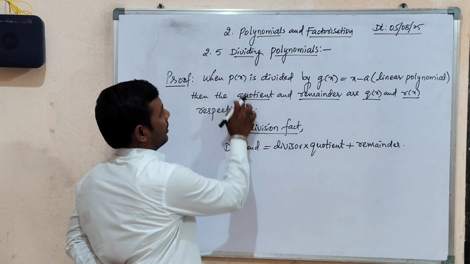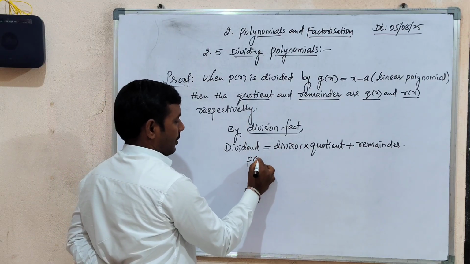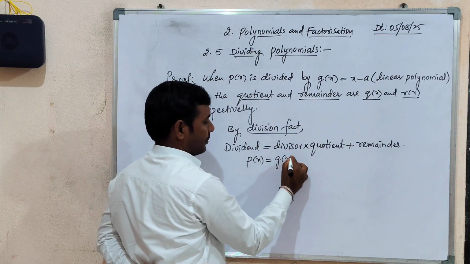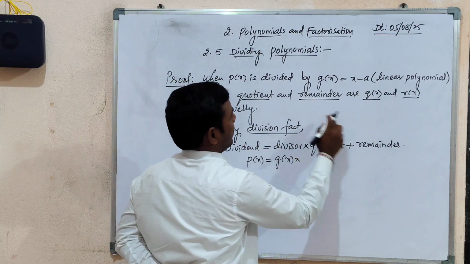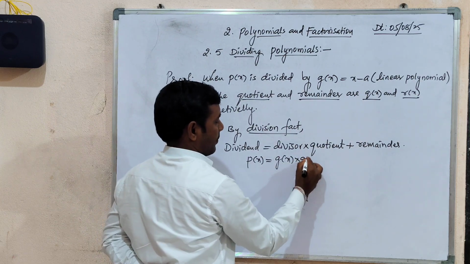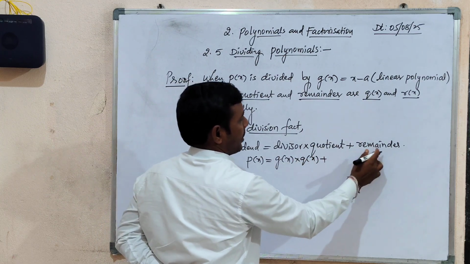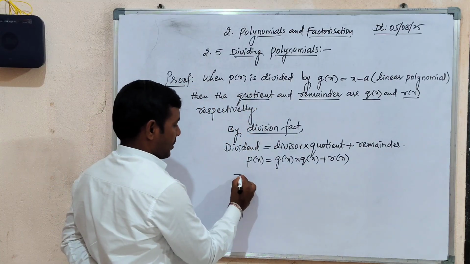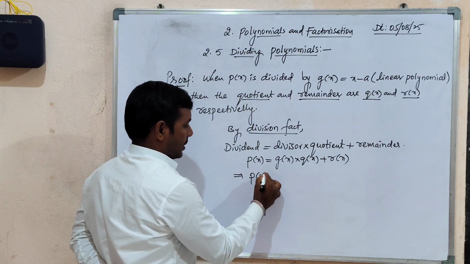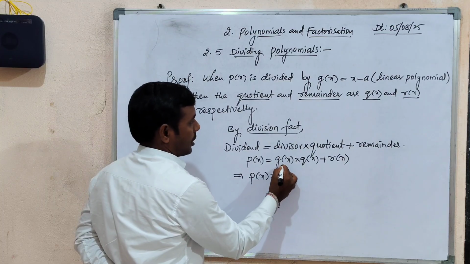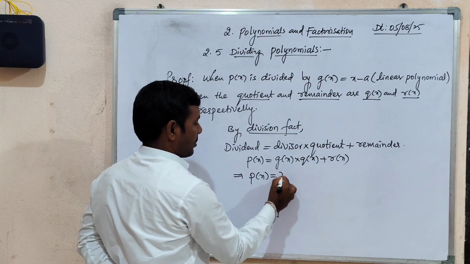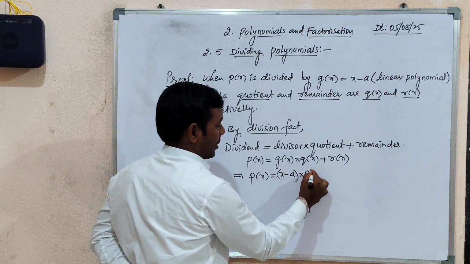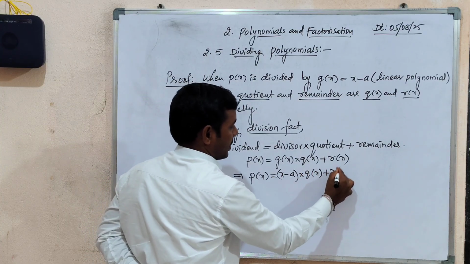So dividend P of x, divisor g of x, quotient q of x, plus remainder r of x. Next step, observe. P of x is equal to, instead of g of x, I want to take x minus a, into q of x plus r of x.